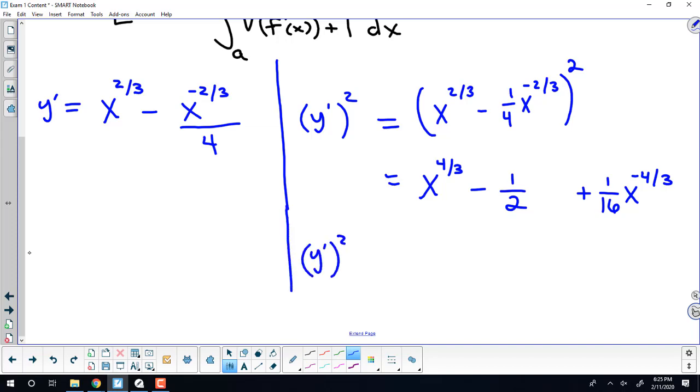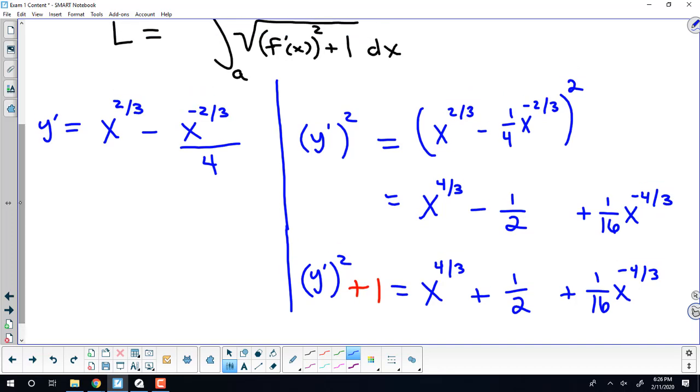Okay, and then we're going to add 1. When we add 1 here, we get x to the 4/3 plus a half plus 1/16 x to the negative 4/3.